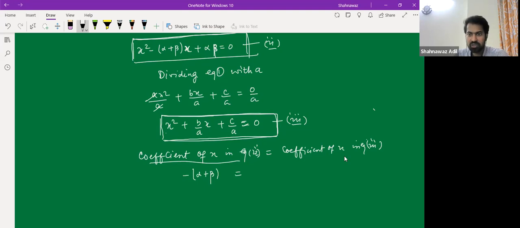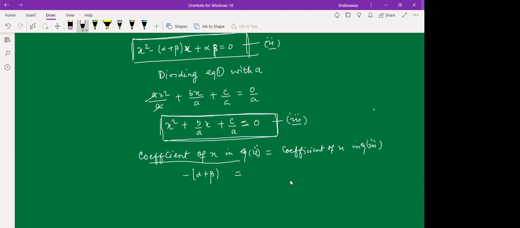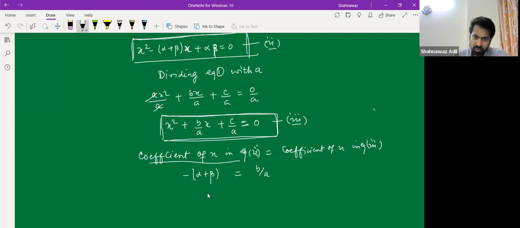And what is the coefficient of x in the third equation? b by a. Right? So if I take the minus to this side, alpha plus beta equals minus b by a.